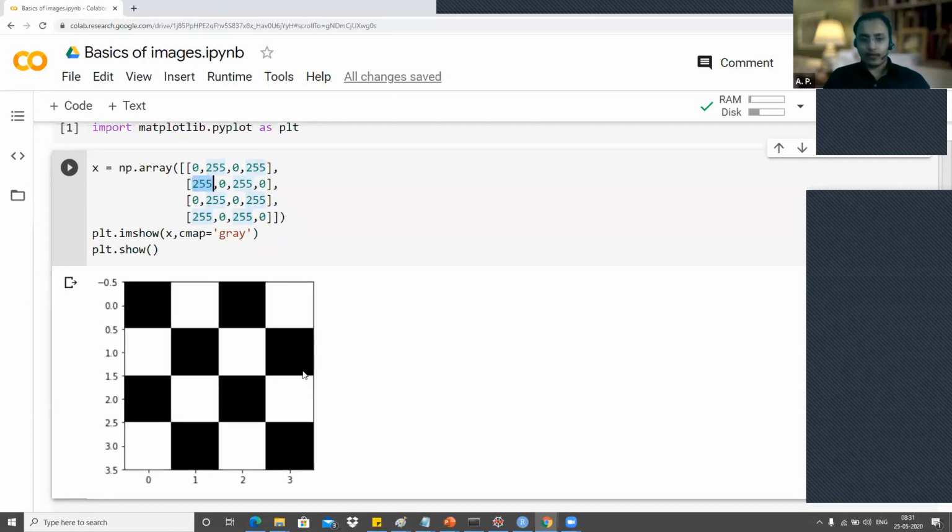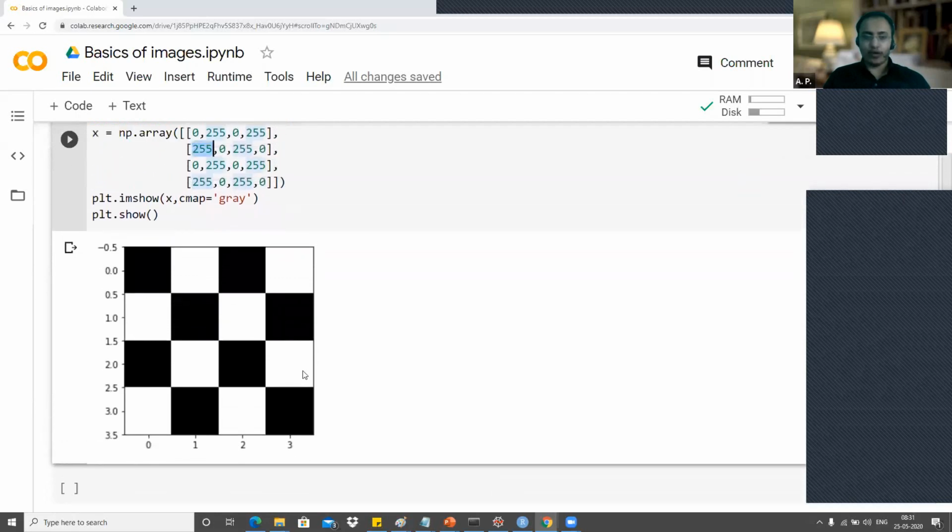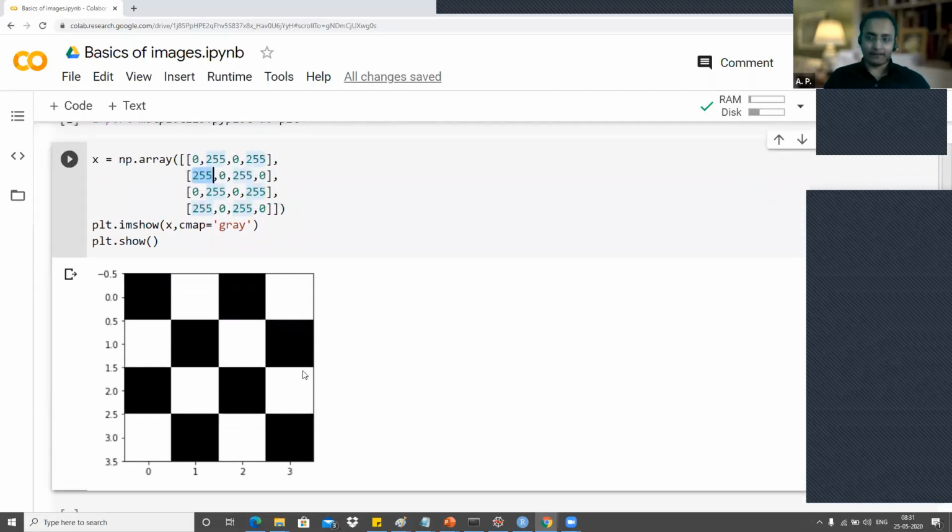Okay. Now, what if I want to have gray color? So 0 points to black color, 255 points to white color. What should I do if I want to have gray color? So maybe I should try out a value somewhere between 0 to 255.